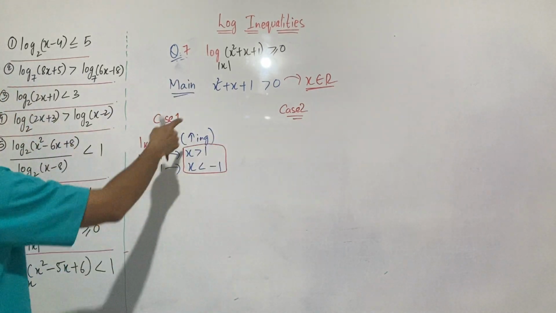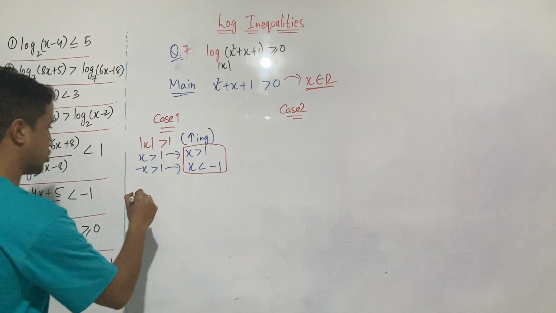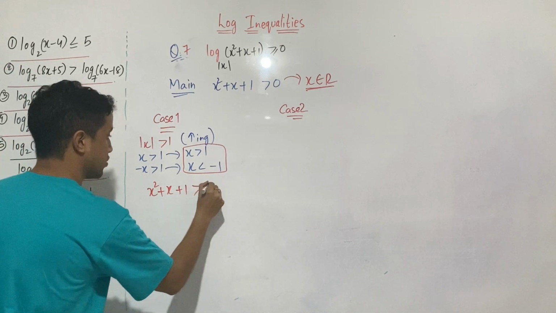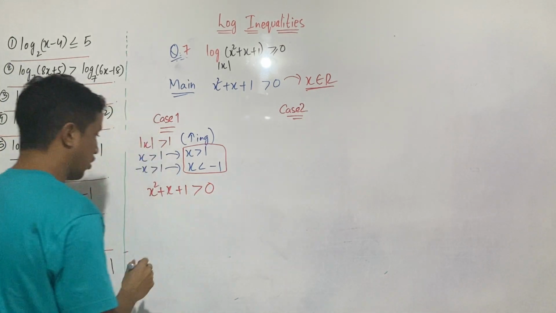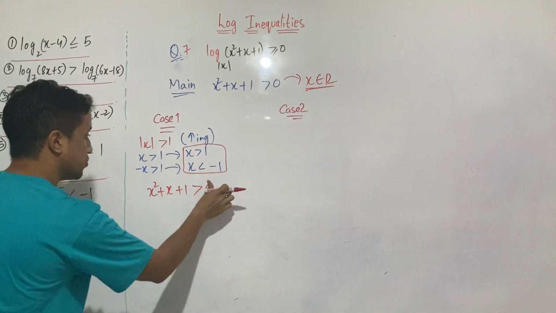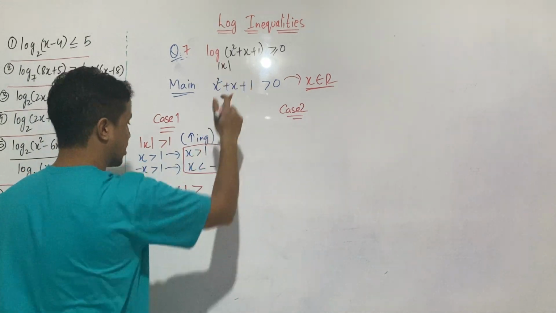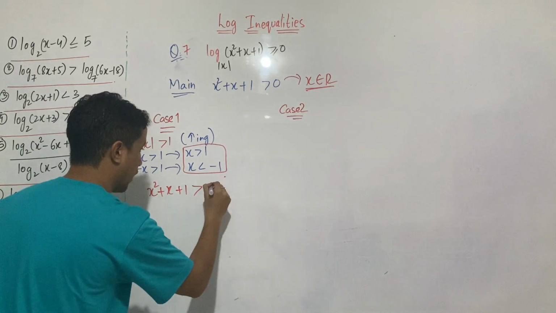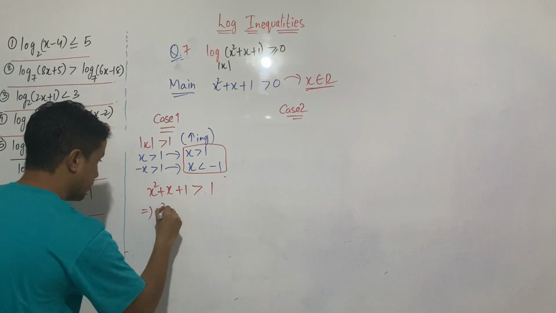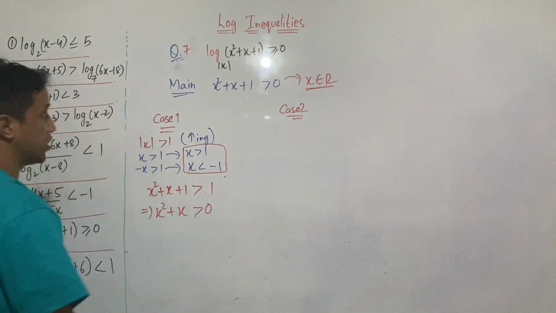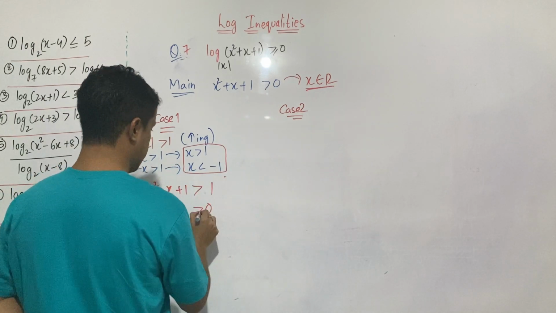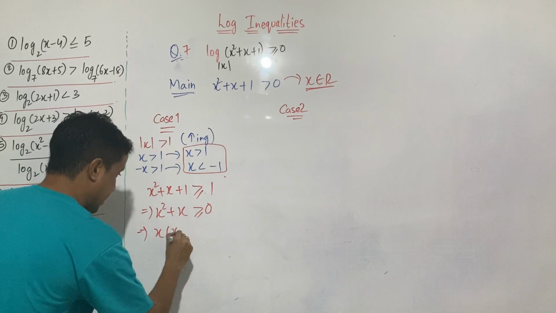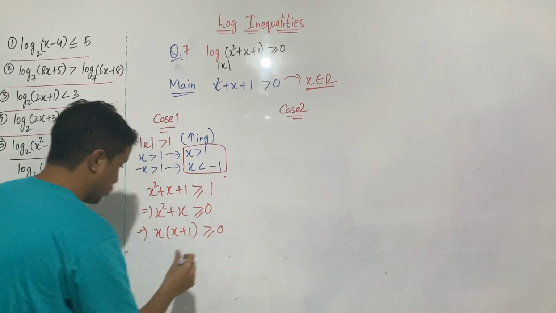Now, take the inequality, because this is an increasing function. So what would happen here? x squared plus x plus 1 is greater than x to the power 0, which is 1. The sign will not change. So from here x squared plus x is going to be greater than 0, which gives x times x plus 1 greater than 0.